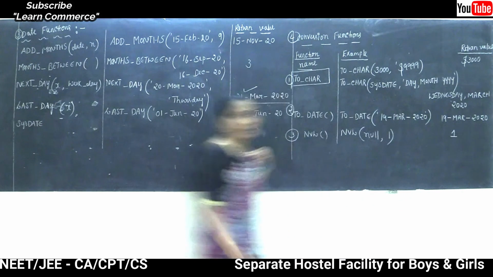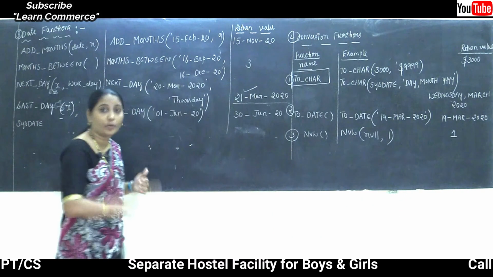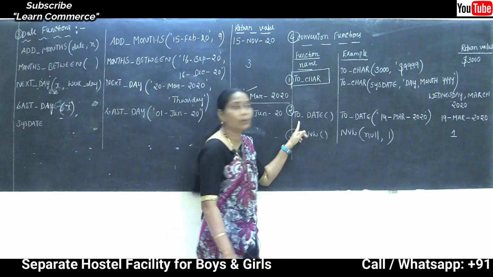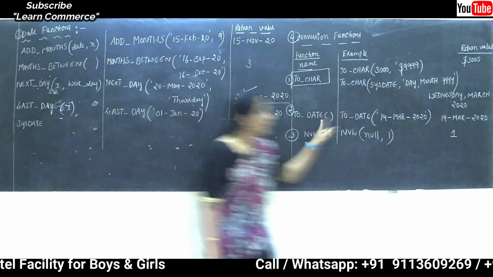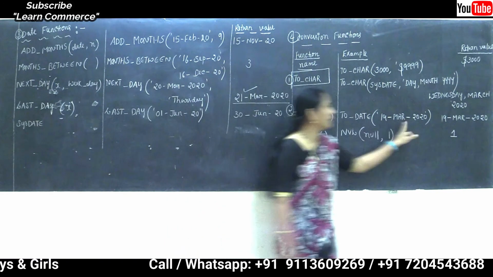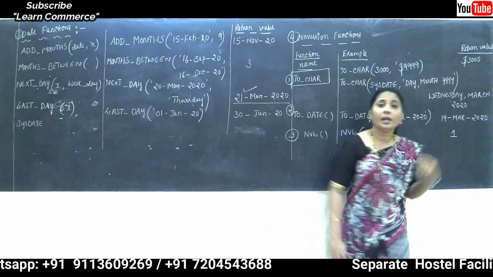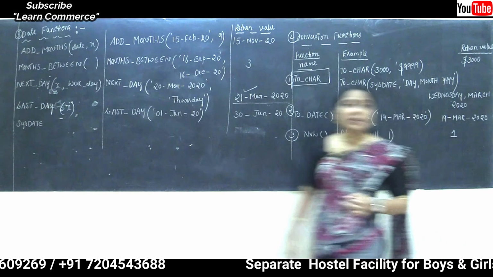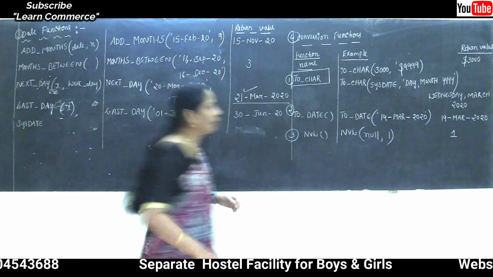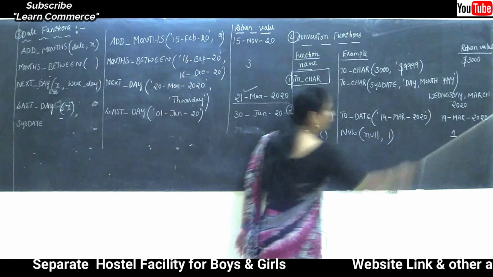Why? Because whatever we accepted is going to be converted into TO_DATE. So the example, TO_DATE, that is 19 March 2020. It returns a date value, so we will get the return value as 19 March 2020.